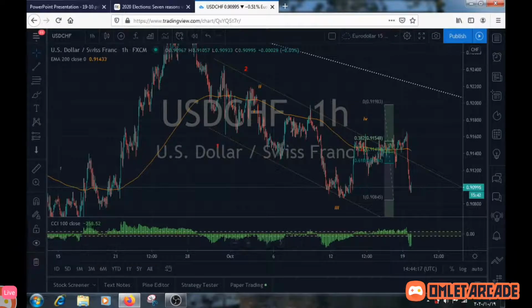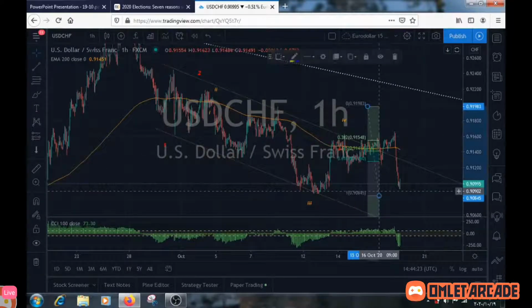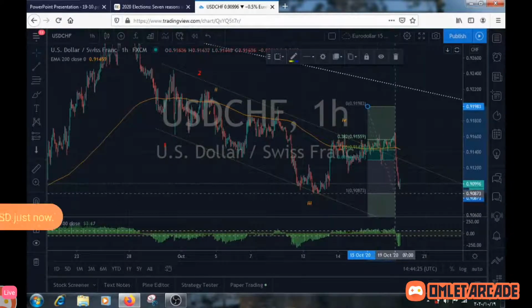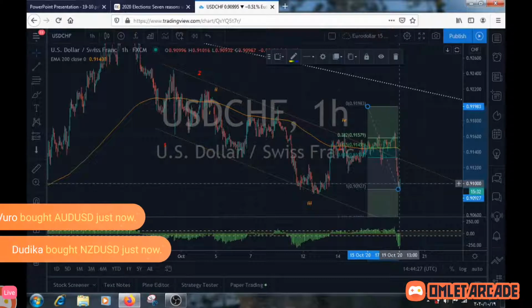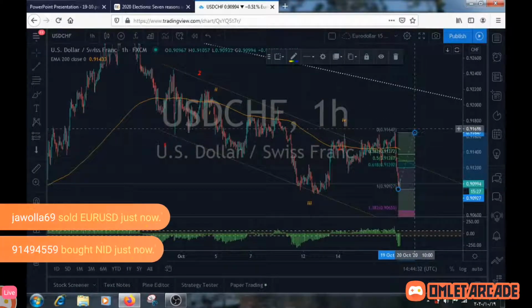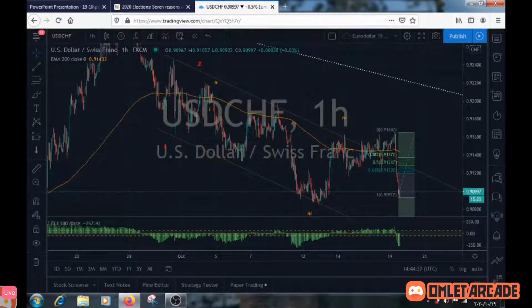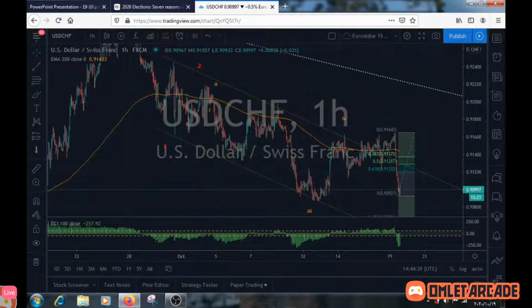Back again to sell, back again to test the 91.50 limit. So you would not want to take that now. Keep in mind that you expect the euro to start falling, and this is the mirror image, the reverse image of the euro.